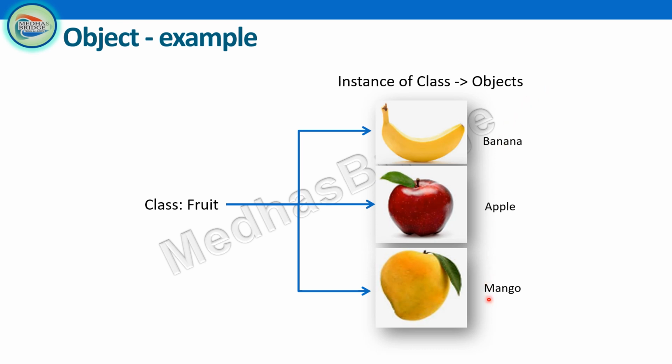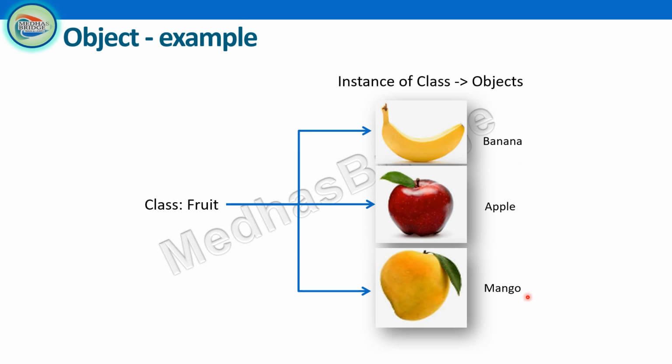If you look at this diagram, we have a banana, apple, mango. These are of class type fruit. We are also saying when we create an instance of the class, that's what we name an object. Likewise, we have three instances we created out of the class called fruit and named them banana, apple, mango.